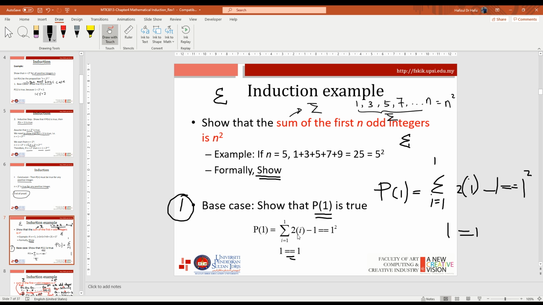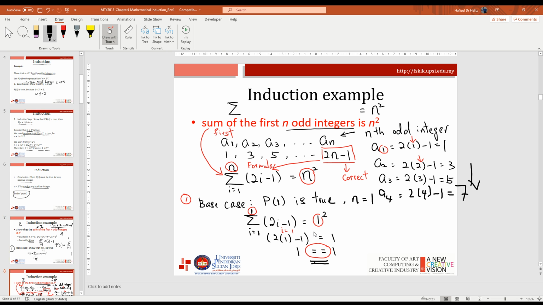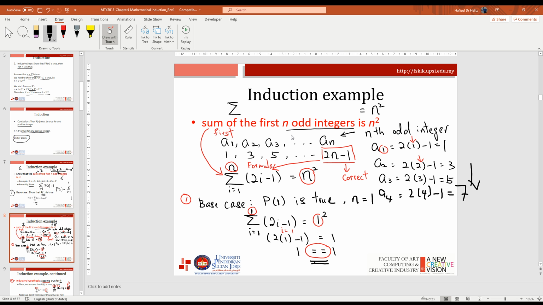So we have the sum of i equal to 1, where the maximum is 1, and then we have 2i minus 1. Here we can show it is true because 1 is equivalent to 1. And then the sum of the first n integers is n to the power of 2.